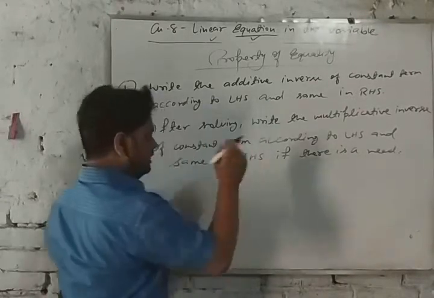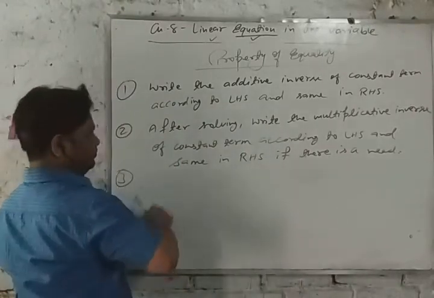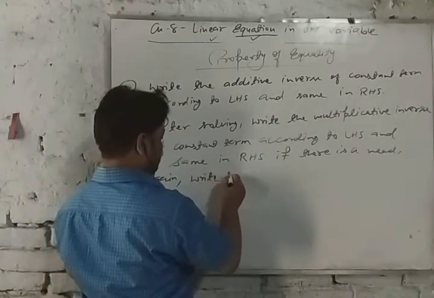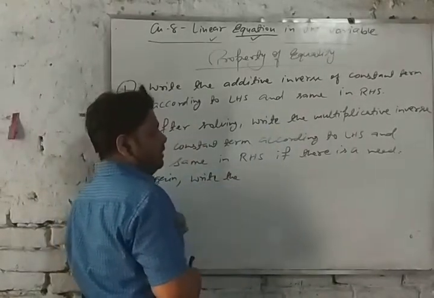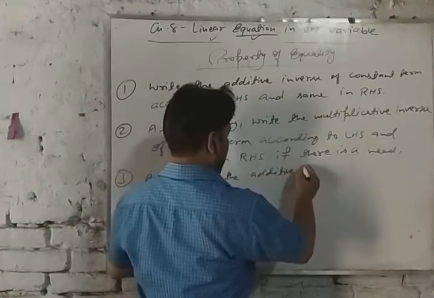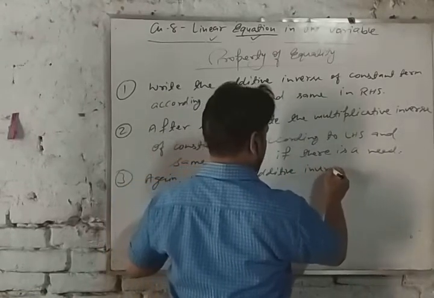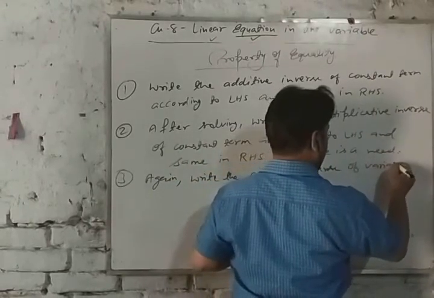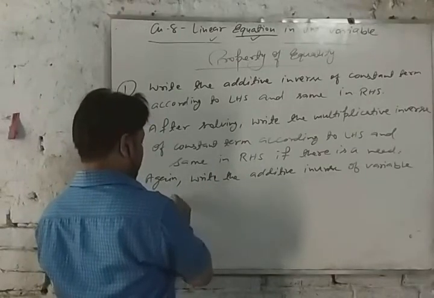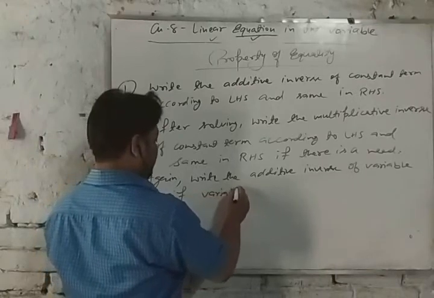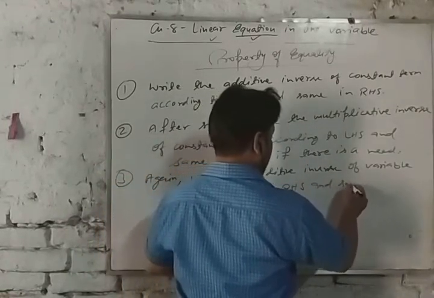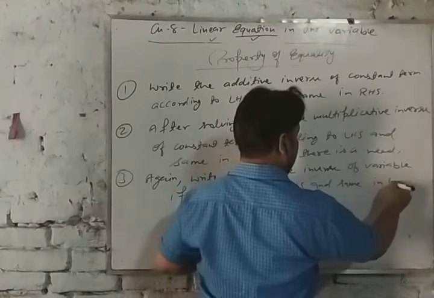Now after that, in the third step, again write the additive inverse of the variable if the variable is in RHS, and the same in LHS.